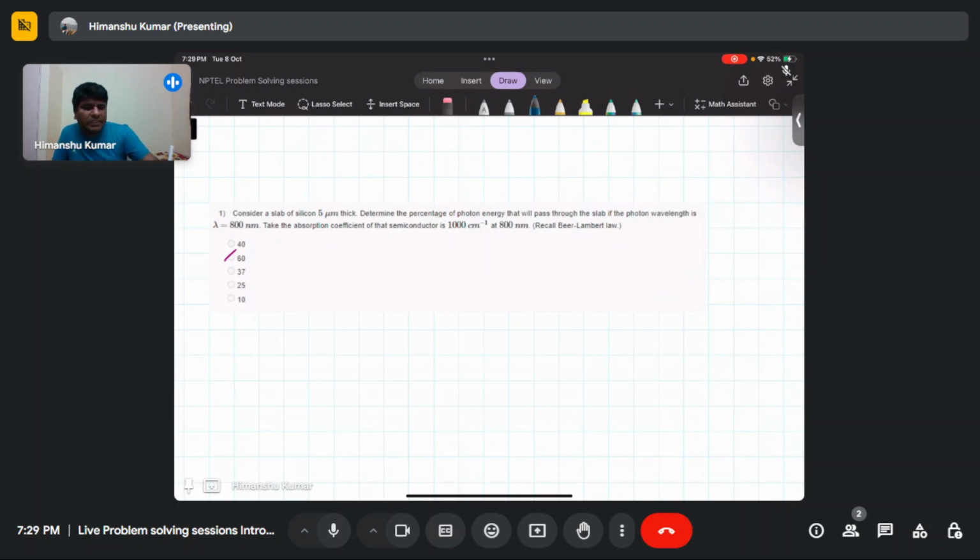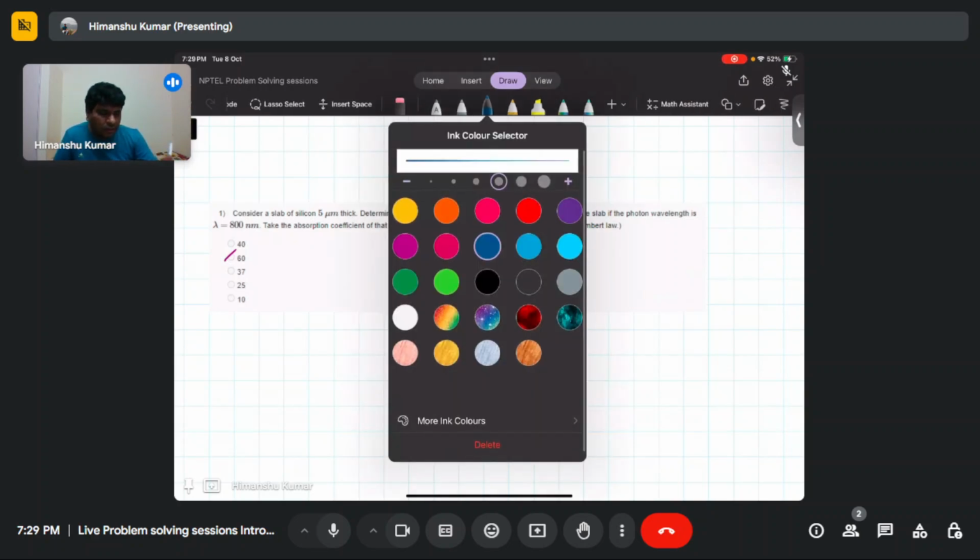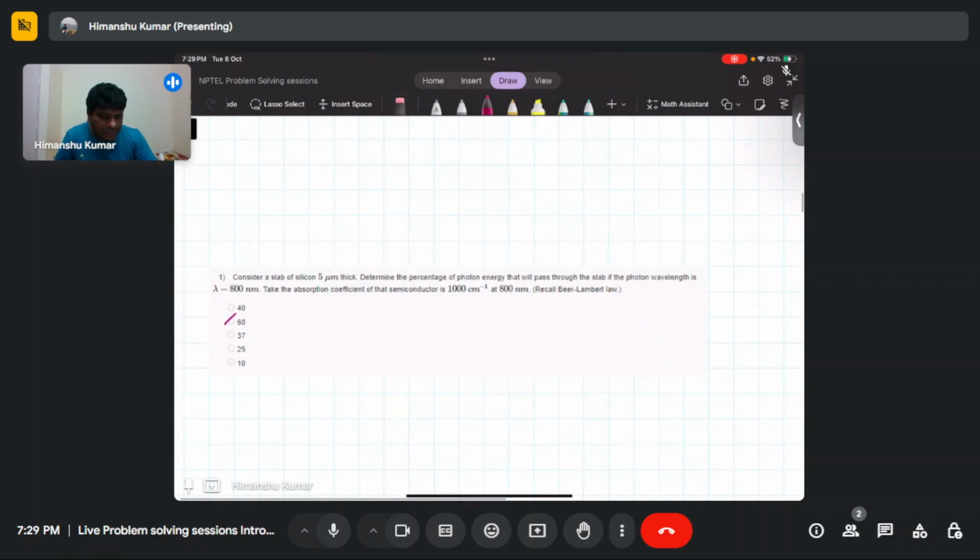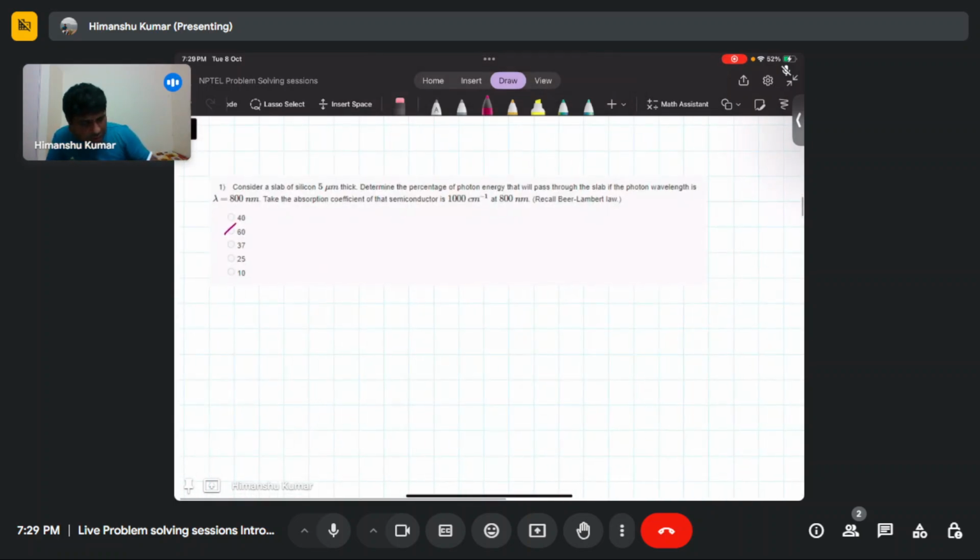Okay, so let's get started. The first problem talks about this. Consider a slab of silicon 5 micron thick. Determine the percentage of the photon energy that will pass through the slab if the photon wavelength is 800 nanometers.